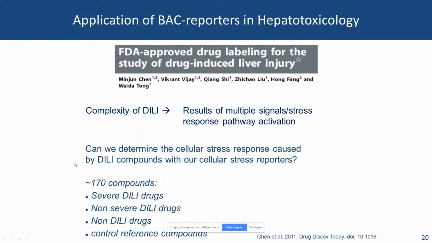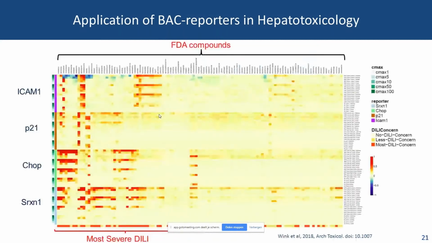And the labeling went from severe drug-induced liver injury compounds to no drug-induced liver injury drugs. And of course, the question is, can our reporter model correctly classify this labeling, basically?